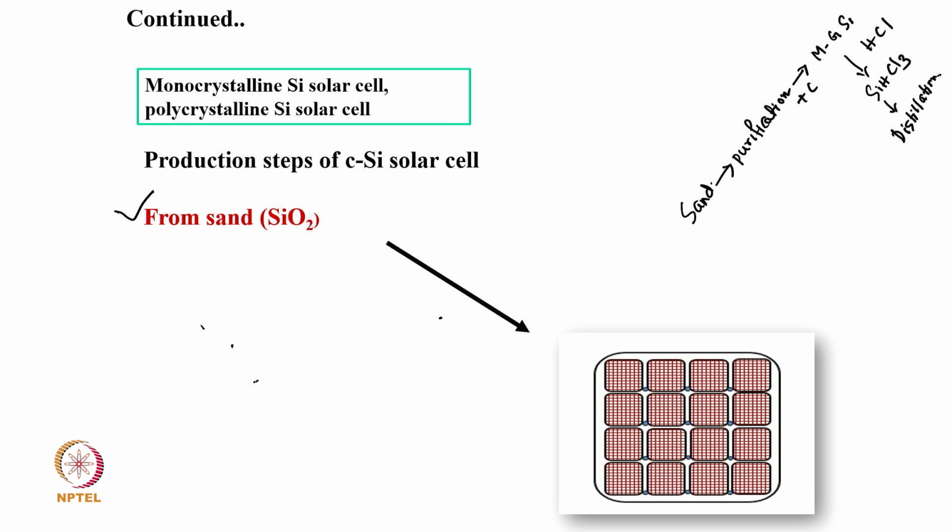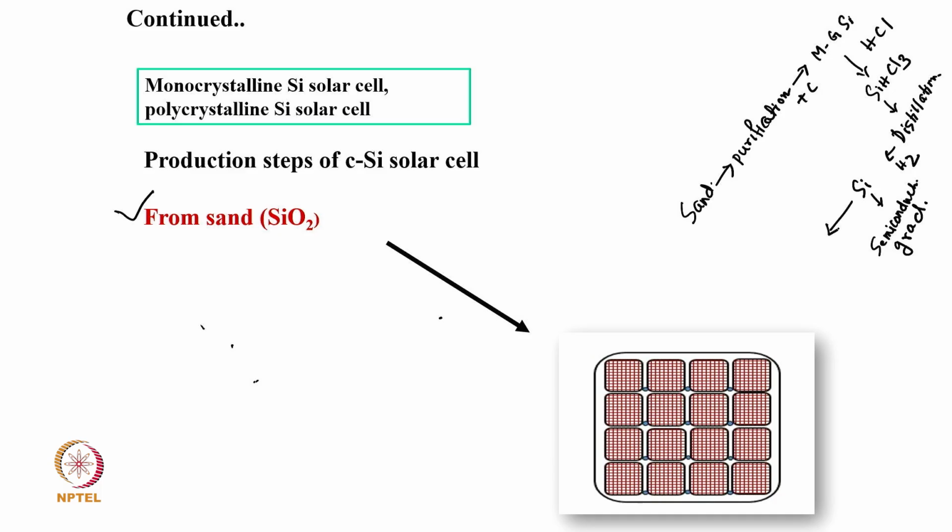As I already mentioned, metallurgical grade silicon is not pure. There are different impurities, and therefore you have to add the HCl and then do distillation and then add hydrogen and make silicon of semiconductor grade or electronic grade.